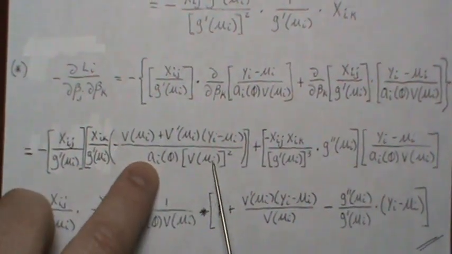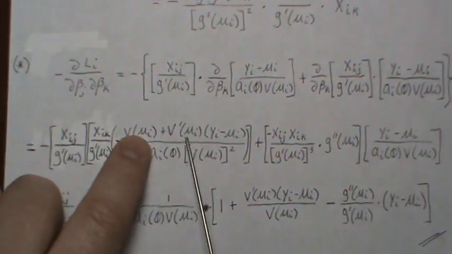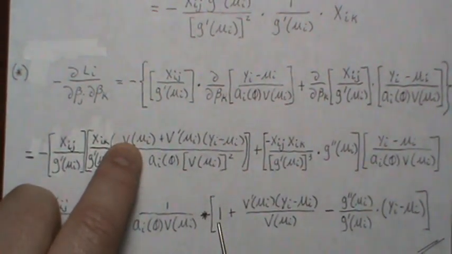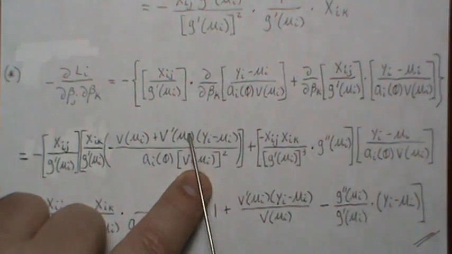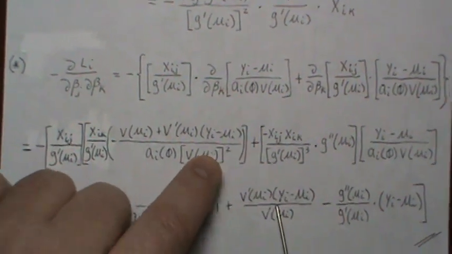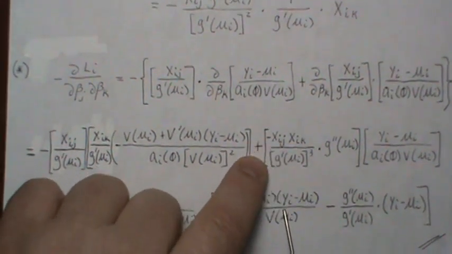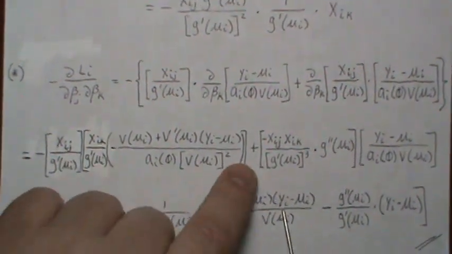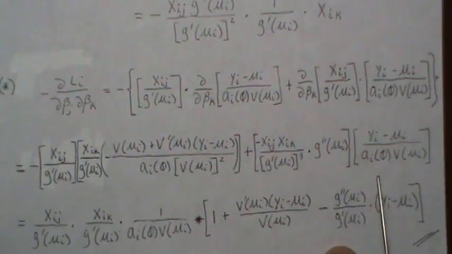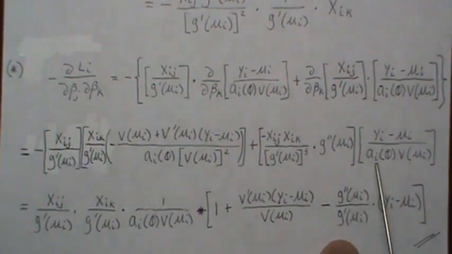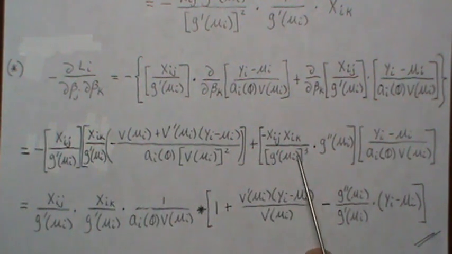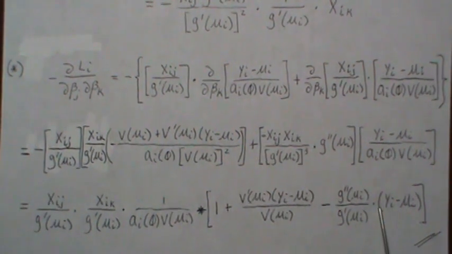This is factored out. There's one left here, and this is a plus. So I'm going to take one of those and write it over that, and that's where we get the 1. And then this over this is that. And then there's a minus there. Don't forget that. And here the minuses cancel. So we're left with one of these. Both of those go away, but we're left with one of these, and that's where we get this.